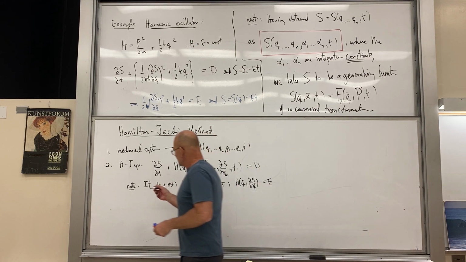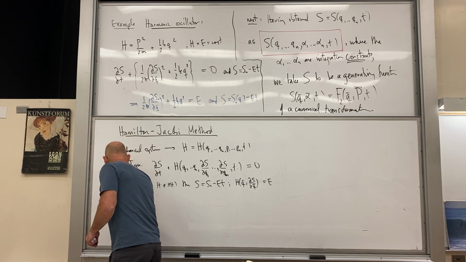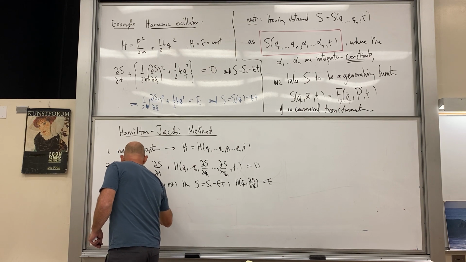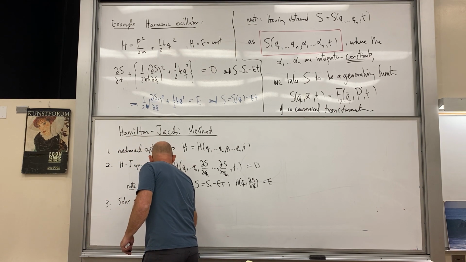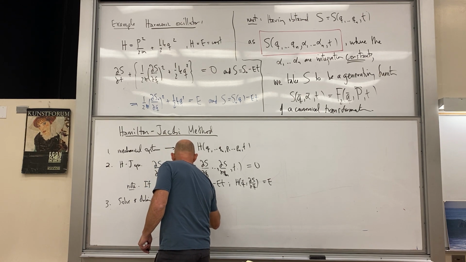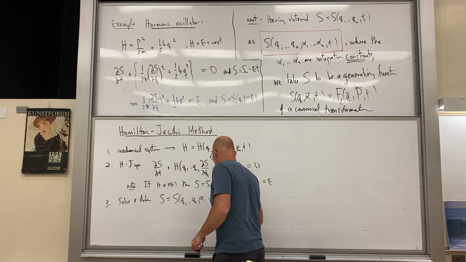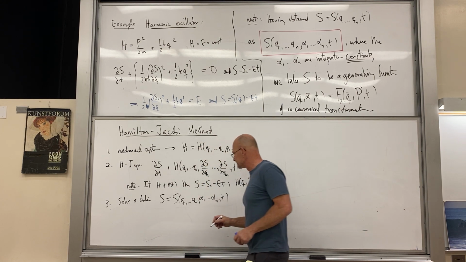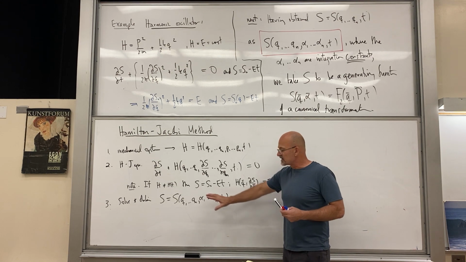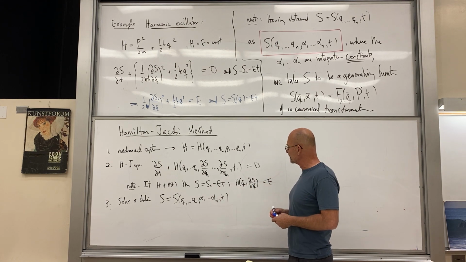Good. So the third step is that we have to solve and obtain S equal to S of q1 to qn, alpha 1 to alpha n, and t. Right, so that's the solution technique we don't yet possess for most cases that we're going to have to work our way through.